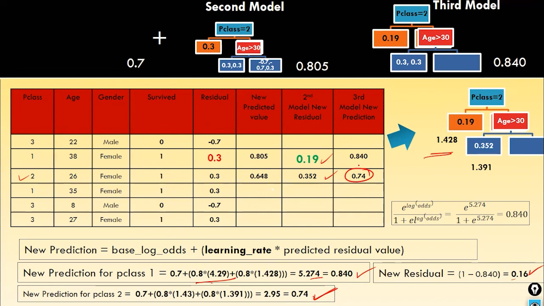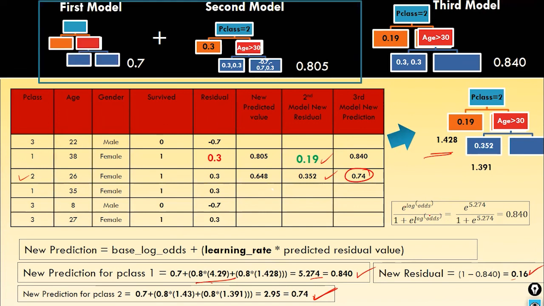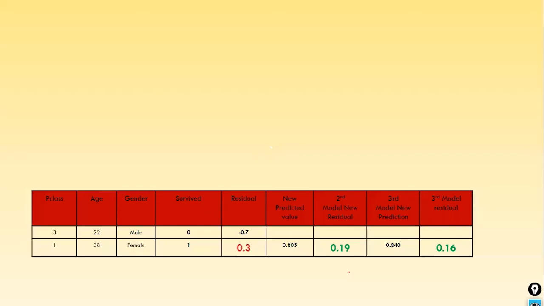In the second iteration, the residual was 0.19, and in the third iteration, the residual is 0.16. With this, we understand that in each iteration the residual value is dropping. Similarly here, earlier it was 0.352, and now it got reduced.